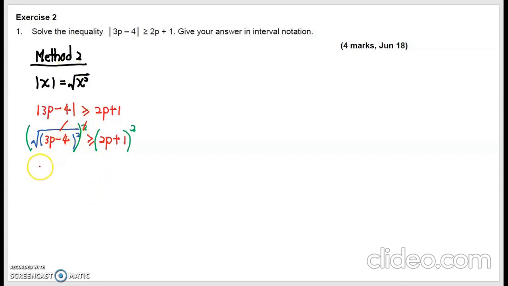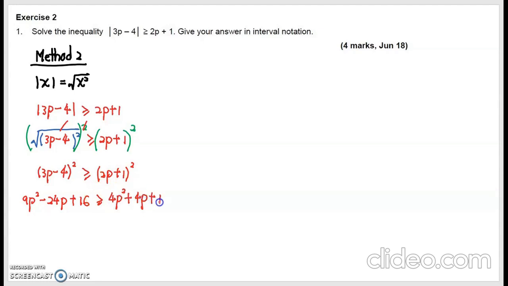On our left hand side will be 3p minus 4 squared, and our right hand side will be 2p plus 1 squared. Then we try to expand. You can expand one by one, or straightforward I can have 9p squared minus 24p plus 16 greater or equals to 4p squared plus 4p plus 1.